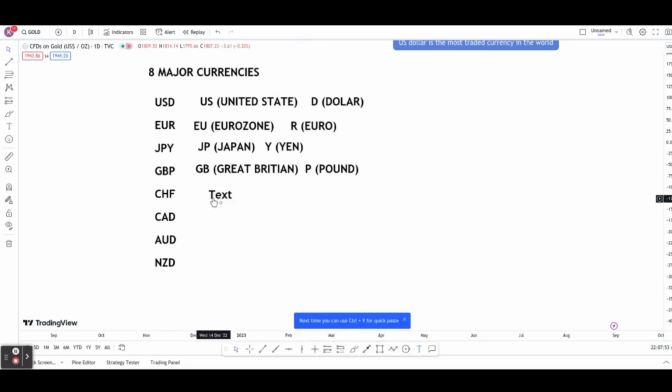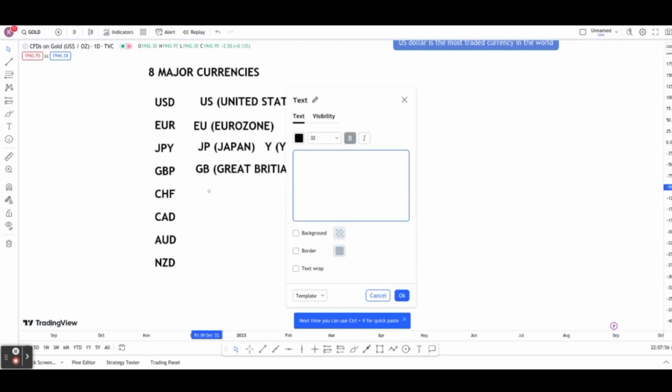What we must know is that CHF is their country code, and their country is Switzerland, and the F is franc. That is what they call their currency.